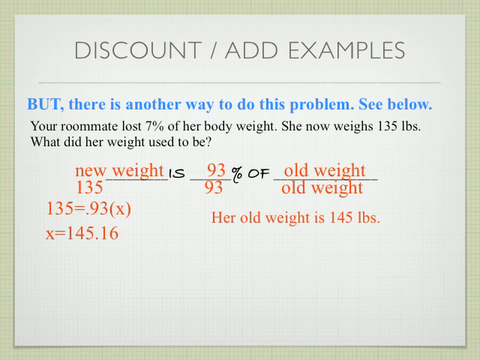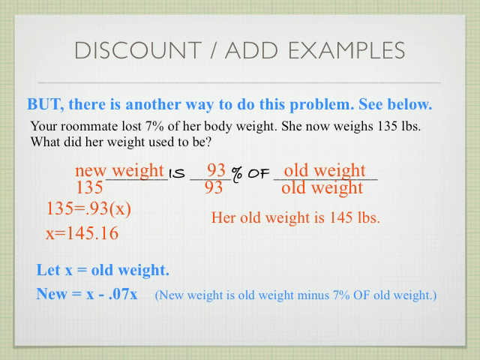Okay, there is another way to do this problem, and this is the way that the book would do it. So I'll show you the book's way, and hopefully you'll see why I like my way better. This is our way. This is the way that we did it two slides ago. This is the book's way. Let x equal the old weight. The new weight would be x minus 0.07 of x. That would be the old weight minus 7% of the old weight.